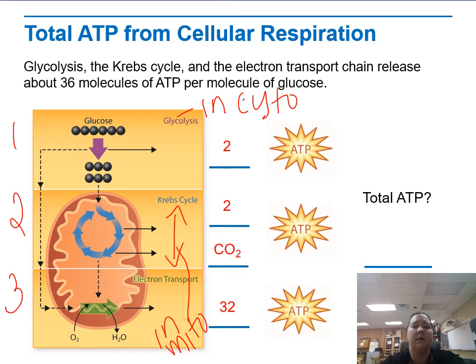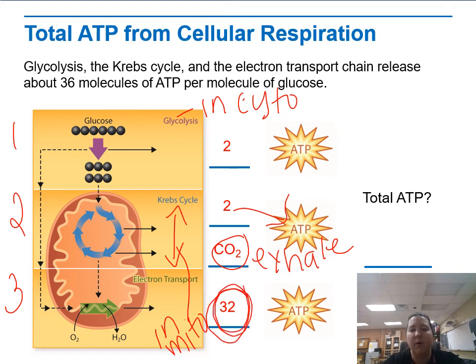In the Krebs cycle, we get 2 ATPs plus the CO2 that we exhale. And in the electron transport chain, this is where the bulk of our ATP is made. We also get water that we'll use for other chemical reactions, or we'll excrete it. We'll go to the bathroom.